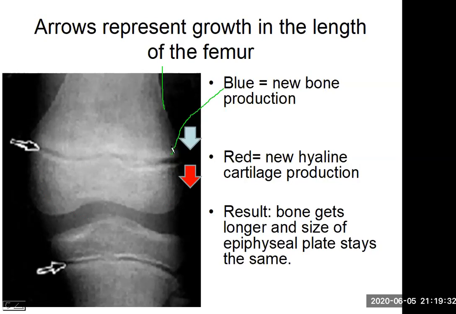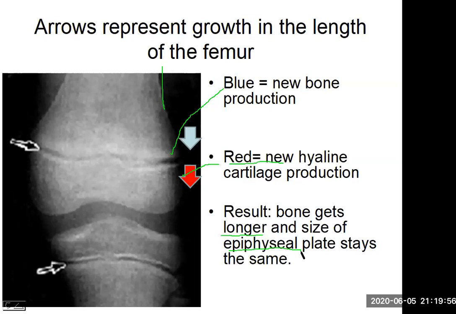But on the opposite side of the growth plate, closer to the epiphysis, there's the development of new cartilage. So the result is, again, the diaphysis grows longer, but the epiphyseal plates stay nice and thick. And this allows for continued growth later in life.